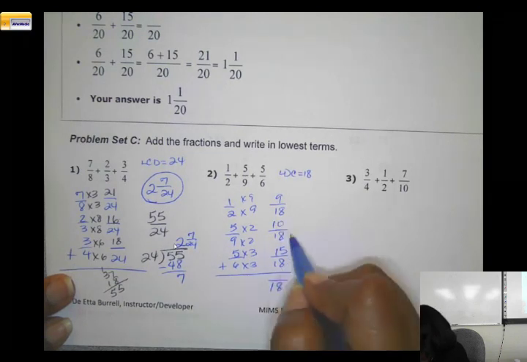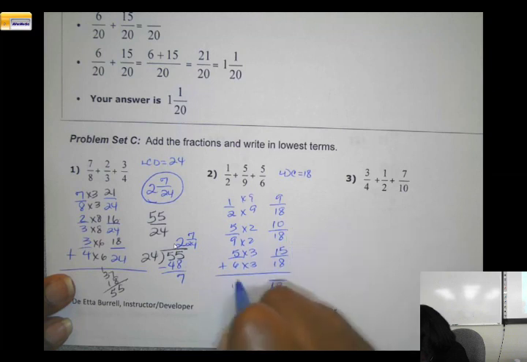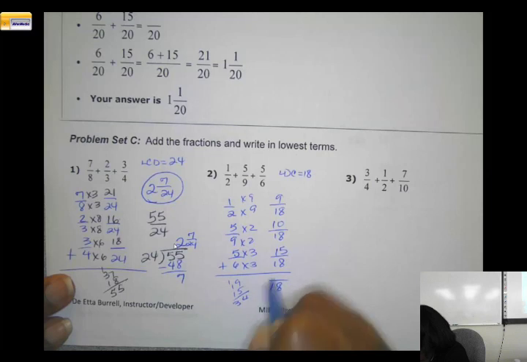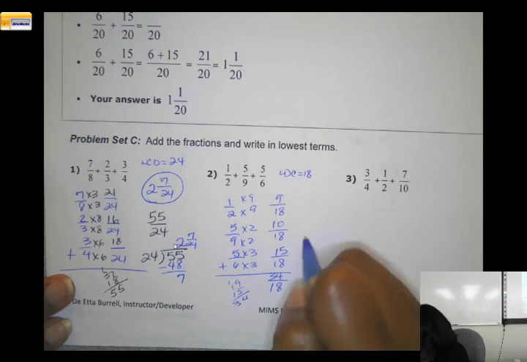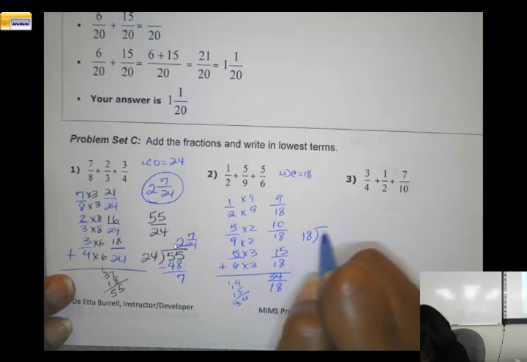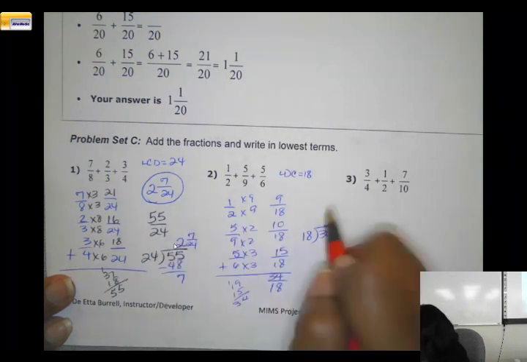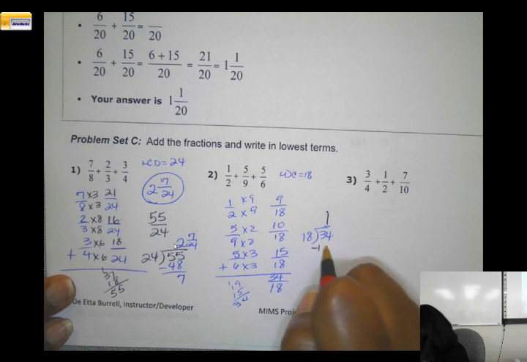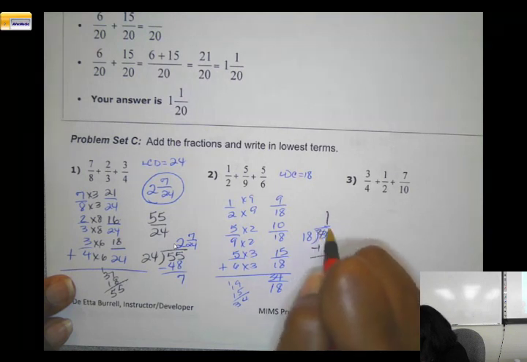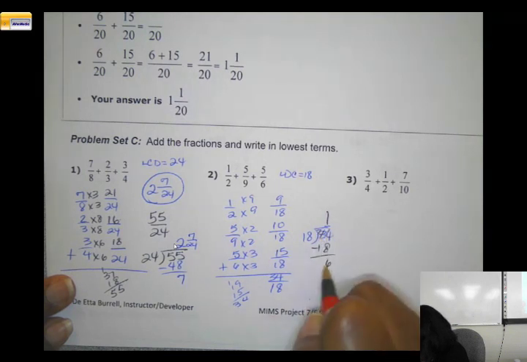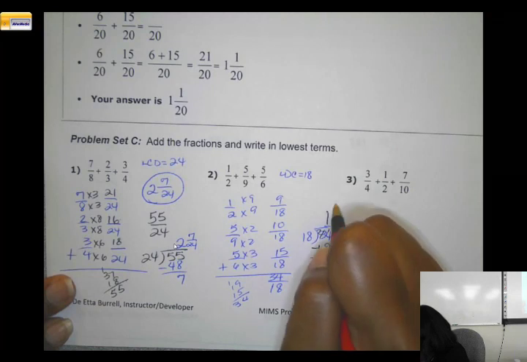So you got 19 plus 15, 34. Now 18 will go into 34 how many times? At least once, right? So I got 1 and 16/18.